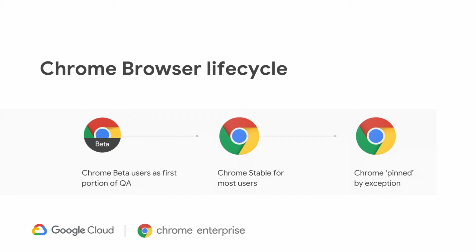Then the majority of your users will be on the stable version, running auto updates, always making sure that they're on the latest and greatest version of Chrome. Then you might have a much smaller group of exception users that happen to be pinned on a version of Chrome.